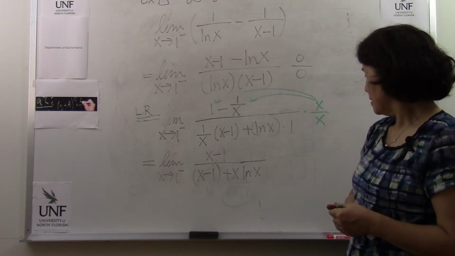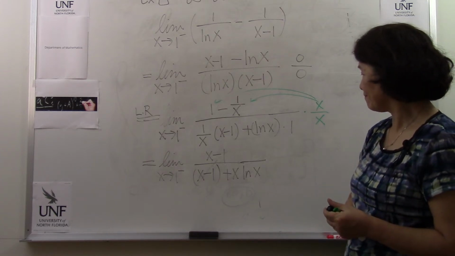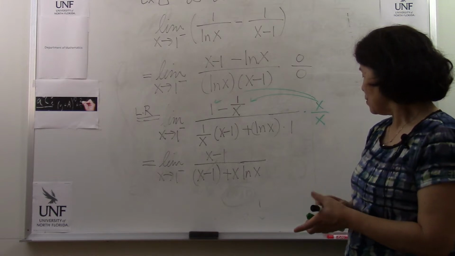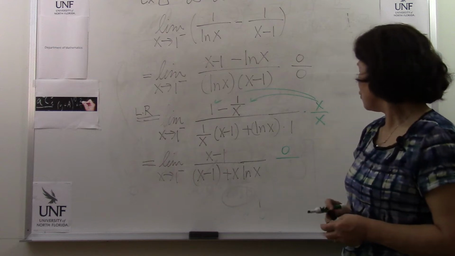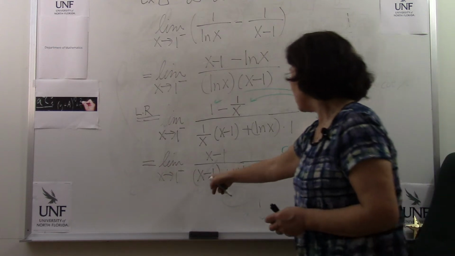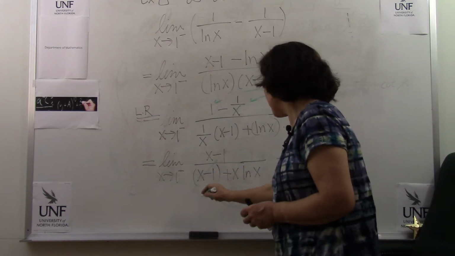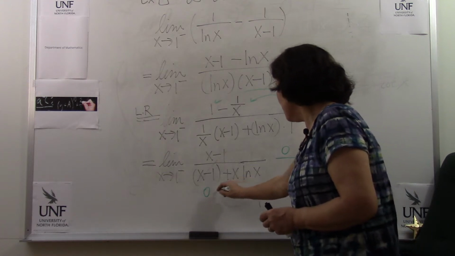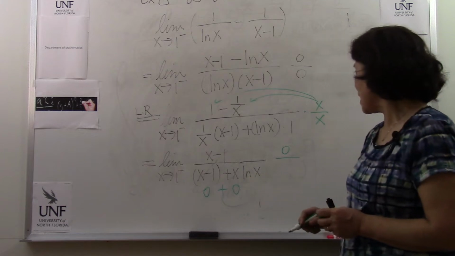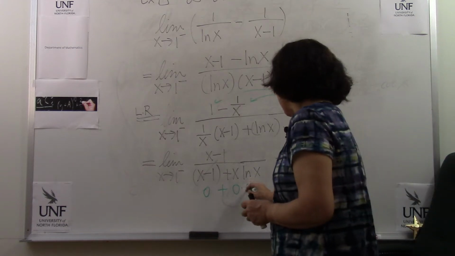Okay. So now what do we have over here? This one is 0. The numerator goes to 0. And what about here? This is 0. And the ln, this is 0. What about ln 1? That is again 0.